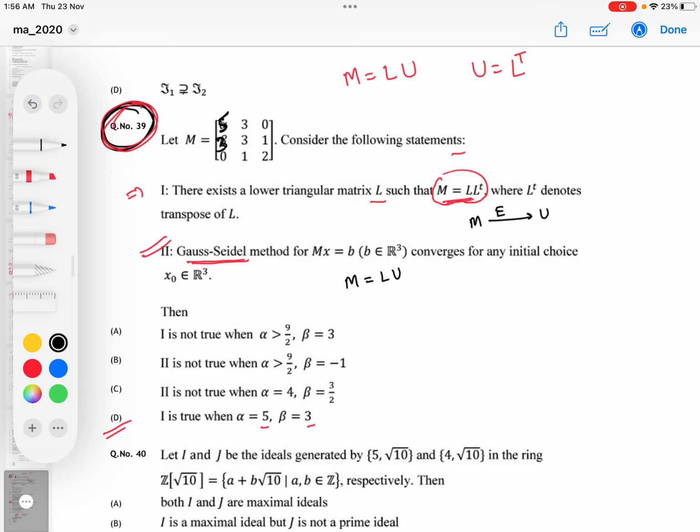Also we will have to trace the elimination matrix, and if we take the inverse of this elimination matrix, that matrix will be equal to the lower triangular matrix. So to find this lower triangular matrix, we will have to trace the elimination matrix also, right?